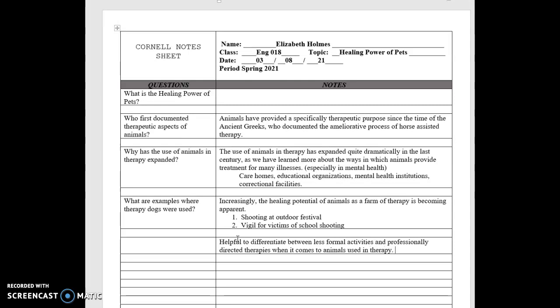And then my next paragraphs are the differences between AAT, AAA, and AAI.